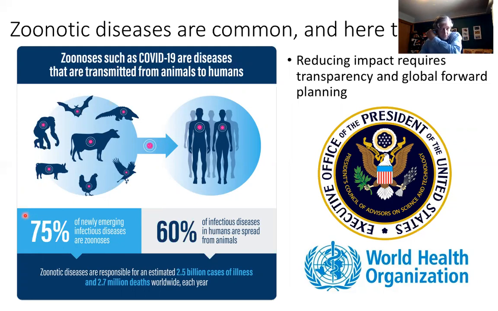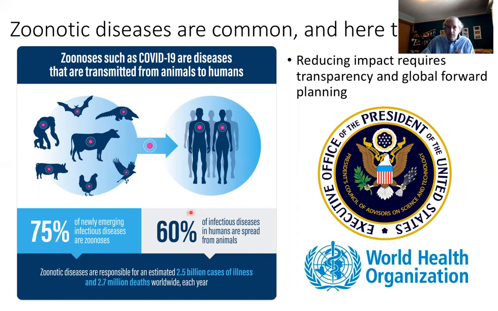Three quarters of all the new diseases we encounter are there because they've jumped from animals to people. In addition, 60% of infectious diseases in humans are spread from animals. And it's estimated that zoonotic diseases are responsible for 2.5 billion cases of illness and 2.7 million deaths worldwide each year.